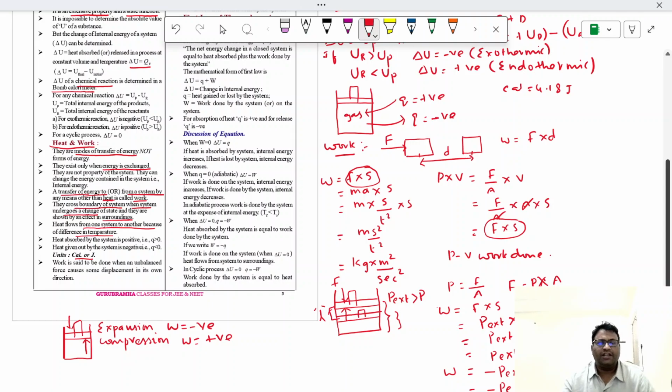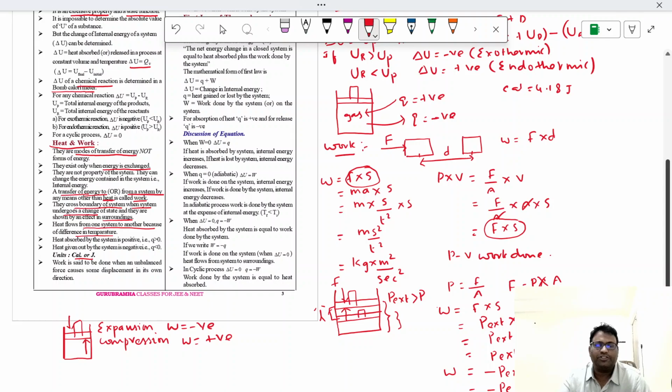Now here it is compression. In this compression, V final will be less and V initial is more. Less minus more gives you negative. During compression, work done must be positive.